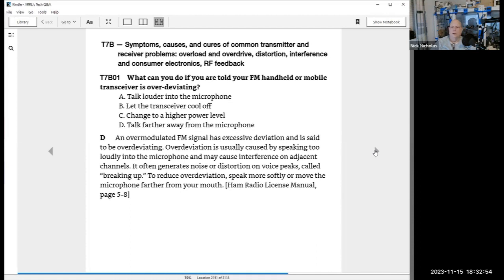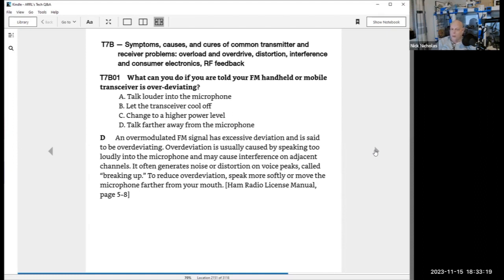What can you do if you're told your FM handheld or mobile transmitter is over deviating? Over deviating is caused because you've got way too much or too strong of audio. So here are the things you can do. If it has an adjustment for the audio input, you can reduce it.